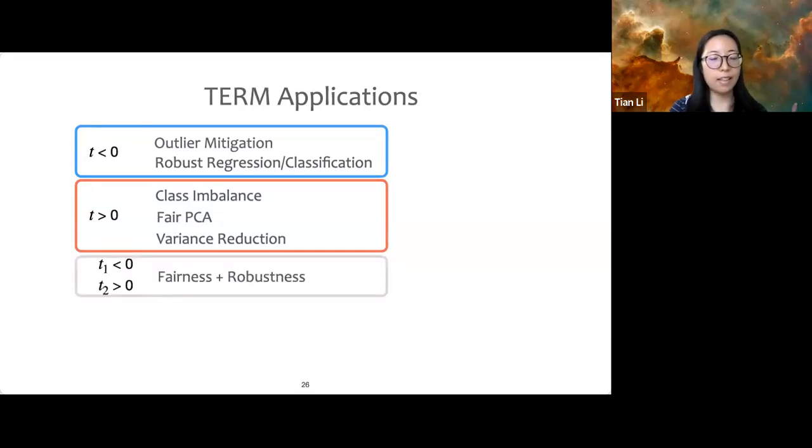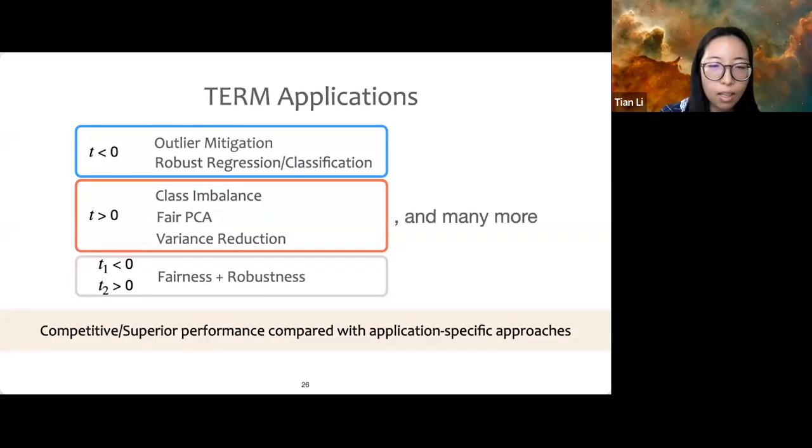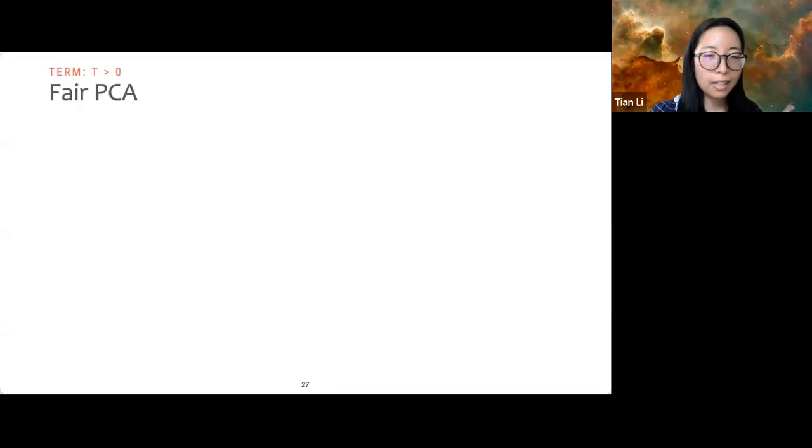And in this objective, we can even do hierarchical tilting by using both positive and negative t's at different levels to achieve fairness and robustness jointly. And what's surprising is that despite the simplicity of TERM, we observe competitive or even superior performance of TERM compared with application-specific state-of-the-art approaches designed specifically for those applications. And next, I will discuss some of them as an example.